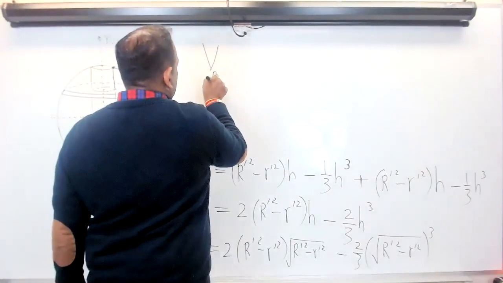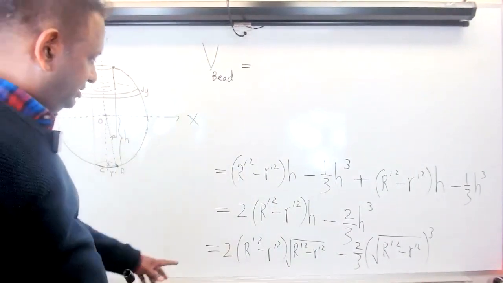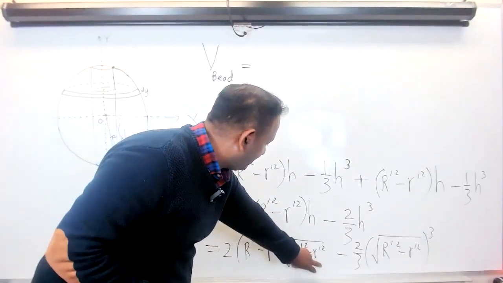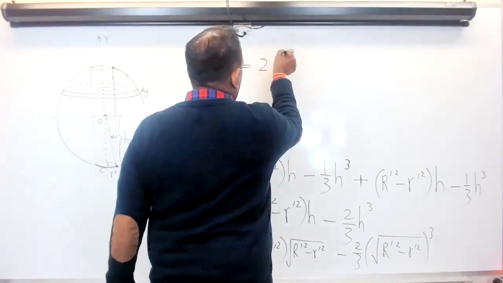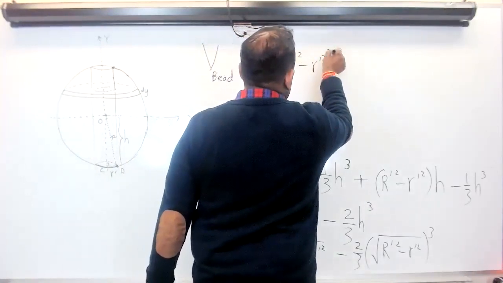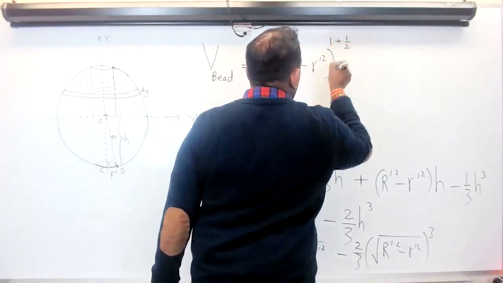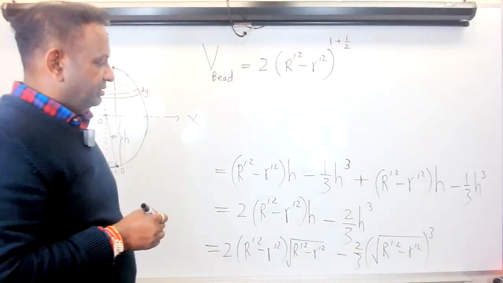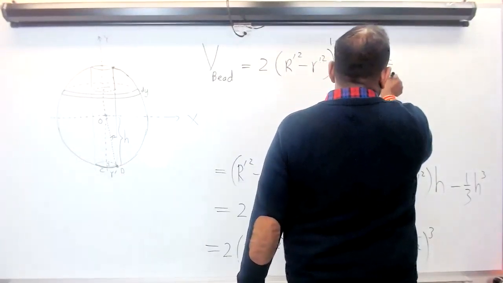V bead. See, the same thing here, 1/2 power is 1. You can combine 2 of r prime squared minus simple r squared. You have a 1 from here, half from there. Plus, minus, sorry, 2/3.